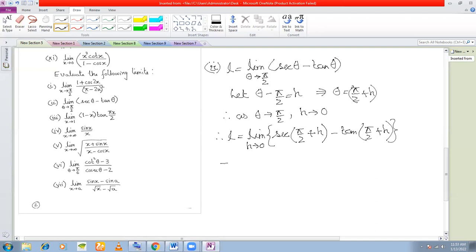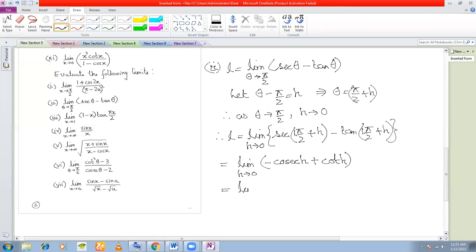Now sec of pi by 2 plus h: this is an odd multiple, 1 into pi by 2, and it is in the second quadrant. In the second quadrant, sec is negative, so we give a negative sign, and sec will become cosec because it's an odd multiple. So minus cosec h. And what about tan of pi by 2 plus h? Second quadrant, tan negative, and tan will change to cot. So cot h.